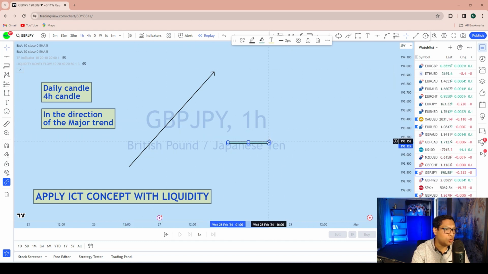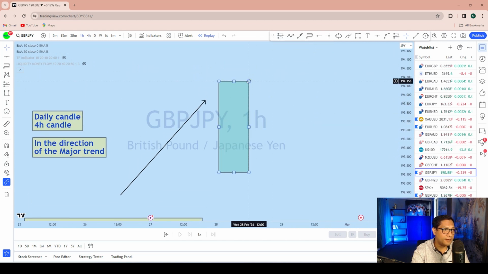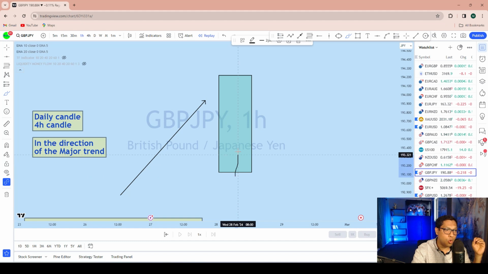What you need to do is allow the price to move in the direction of the trend through the whole Asian session and Tokyo session, even in the London session. At least you need to allow 2 sessions for the price to move in the direction of the major trend. Keep in mind, this is the key.